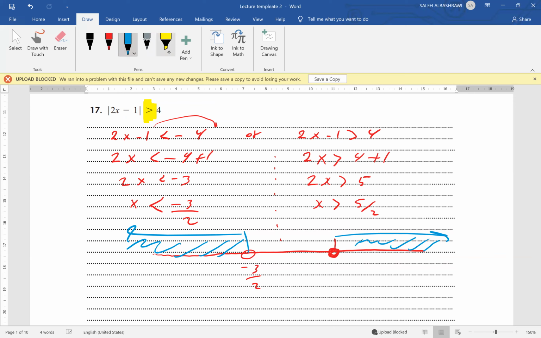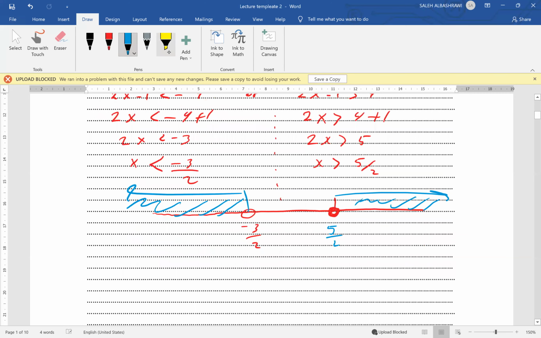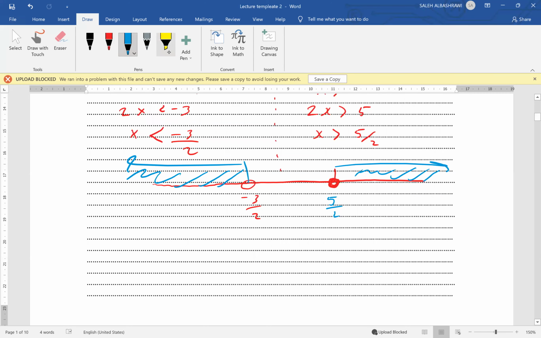So the solution set will be, for the first part, the interval notation from minus infinity to minus 3 over 2, and it is open. The second inequality will give me 5 over 2 to infinity.